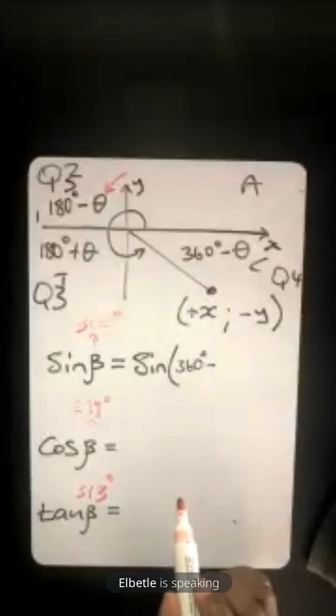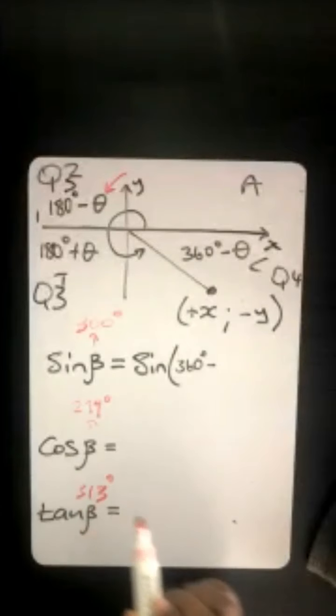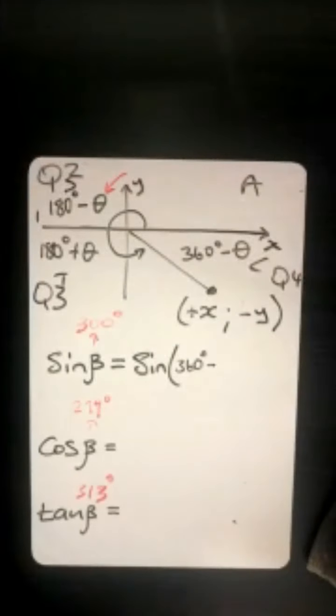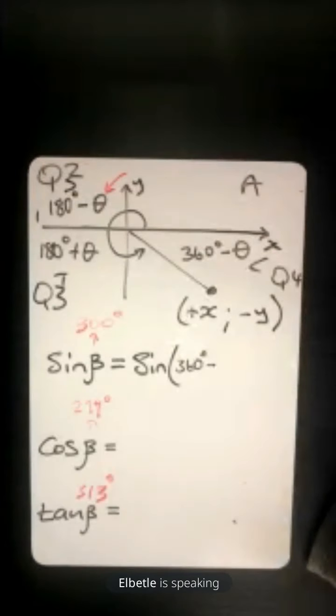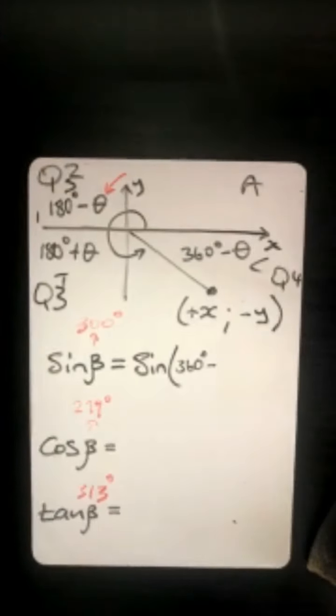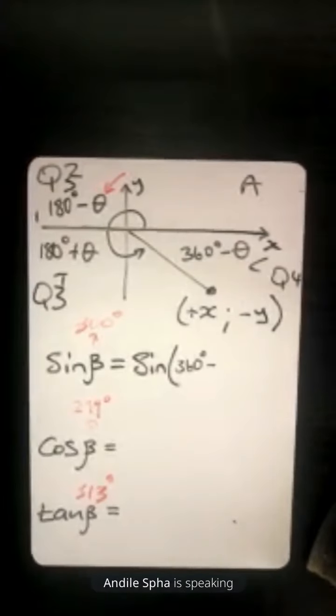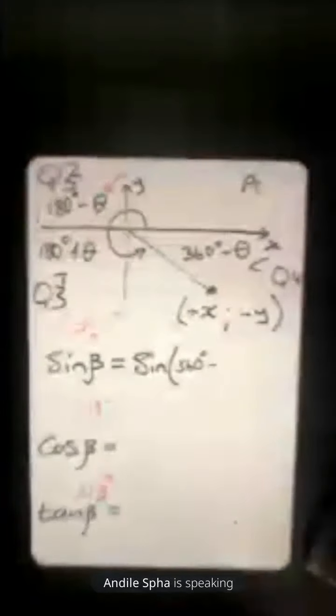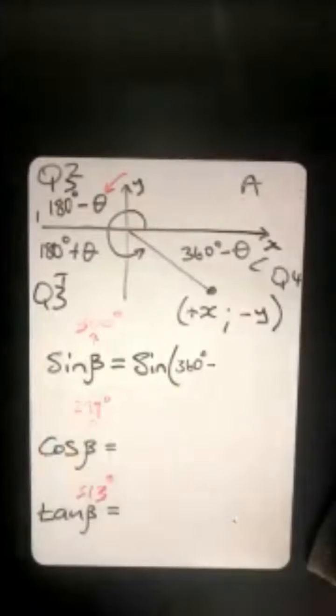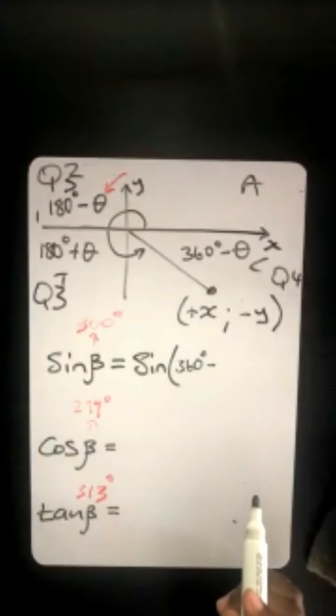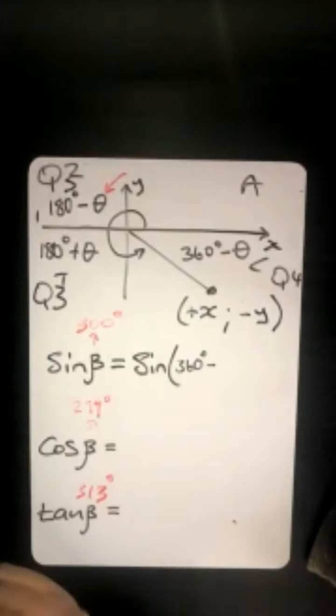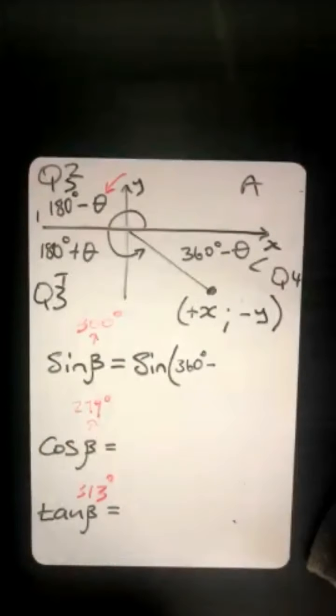And then the tan beta? 313. 330. Okay, thank you. Okay, so let's see guys. I was asking a question to say, what do we know about that angle?